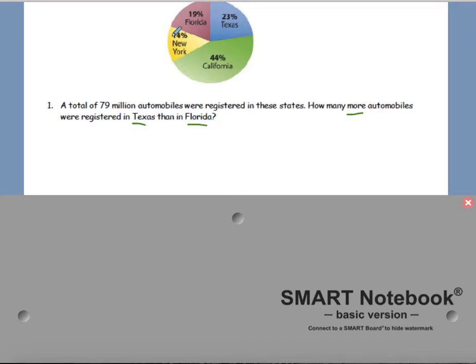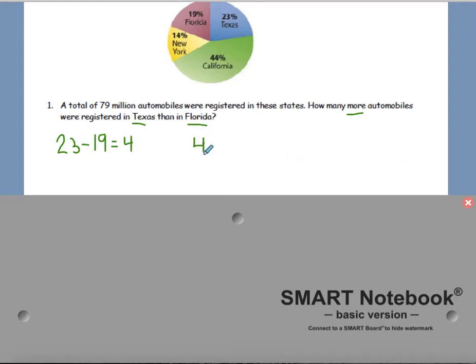So now we're comparing Texas and Florida, and we want to know how many more were in Texas than in Florida. So we could subtract first. Texas was 23% and Florida is 19%. So 23 minus 19 gives us 4%. So now we set up our proportion.